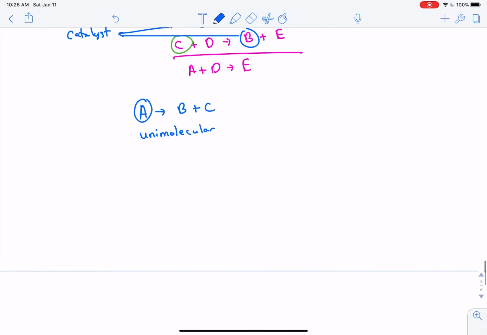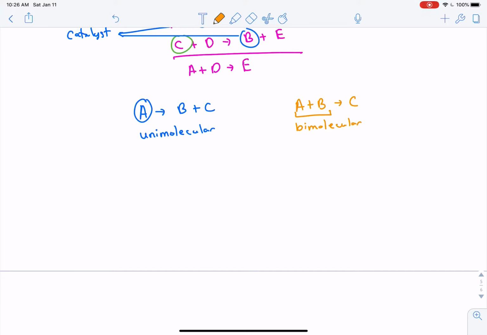Whereas if you have two particles, that is called a bimolecular reaction. That's the molecularity of a reaction. So if they ask you what is the molecularity of the elementary step, you would say unimolecular or bimolecular.